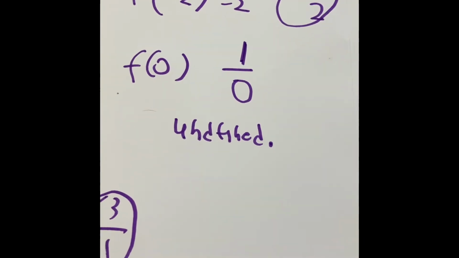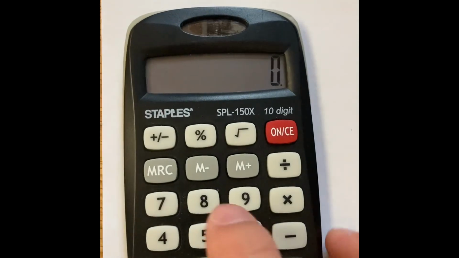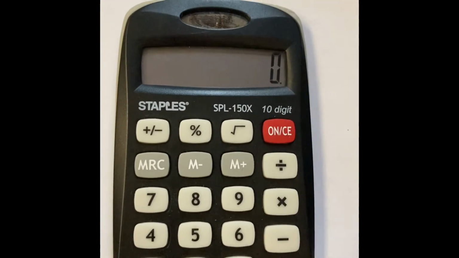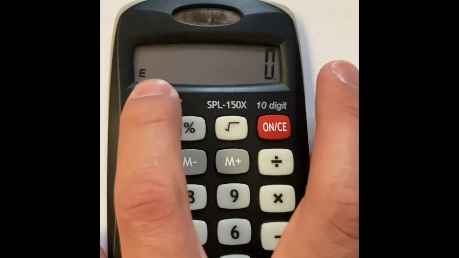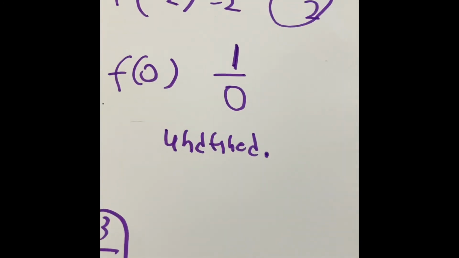You can't divide by 0. And when you do that on a calculator, let's say 8 divided by 0, you're going to get an answer as error. Your calculator will say error because you can't divide by 0.